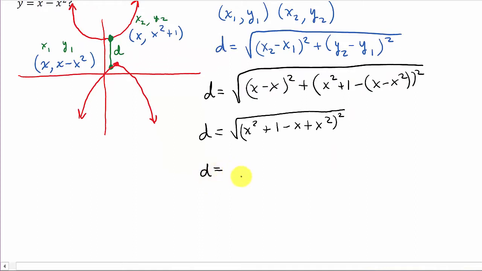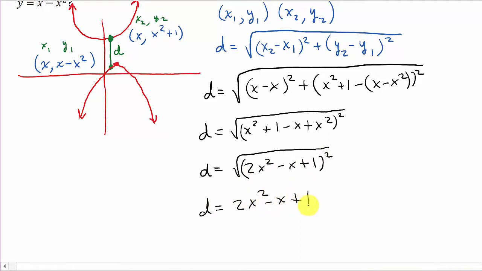And so the distance is equal to the square root of 2x squared minus x plus 1, all of that squared. If I take the square root of this, I'm just left with 2x squared minus x plus 1.